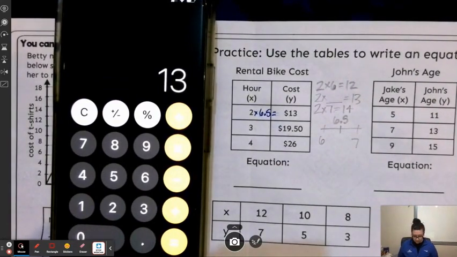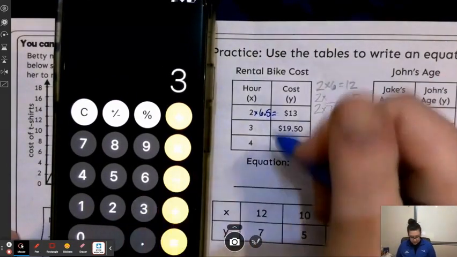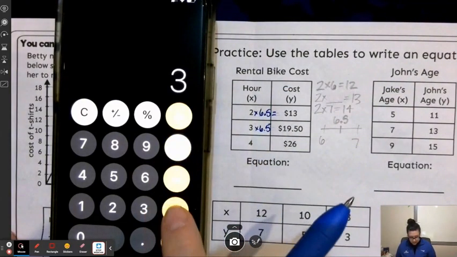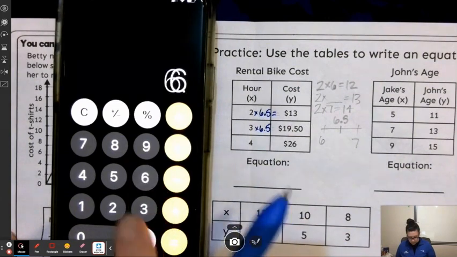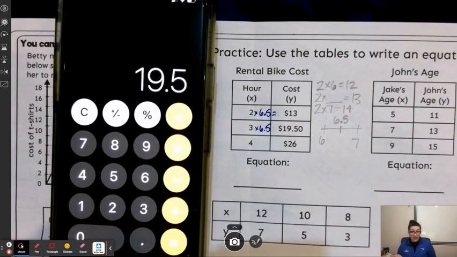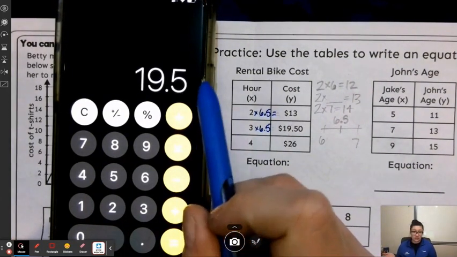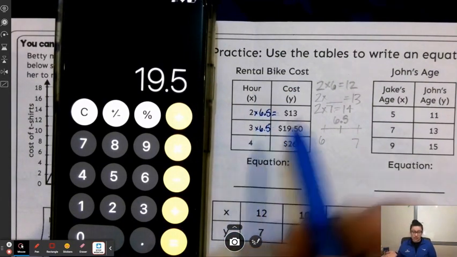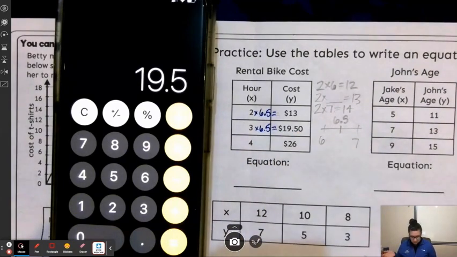That's better. Let's see, is 3 times 6.5 19.50? It is. We do not write a 0 at the end, but we do when it's money. So 3 times 6.5 equaled 19.50.